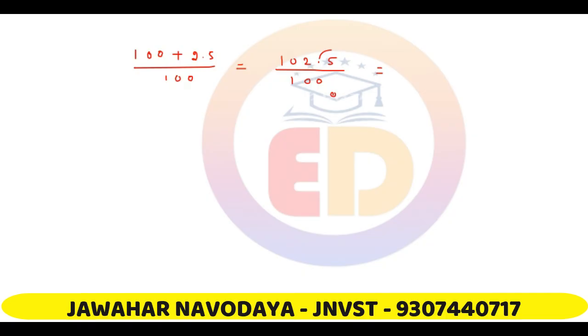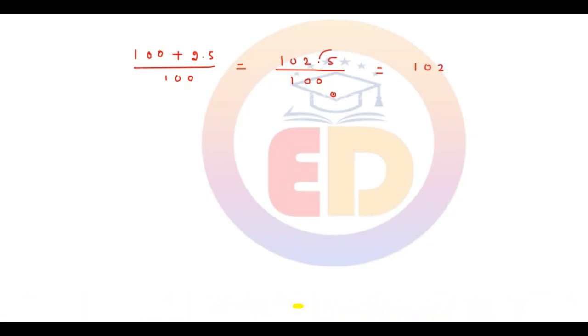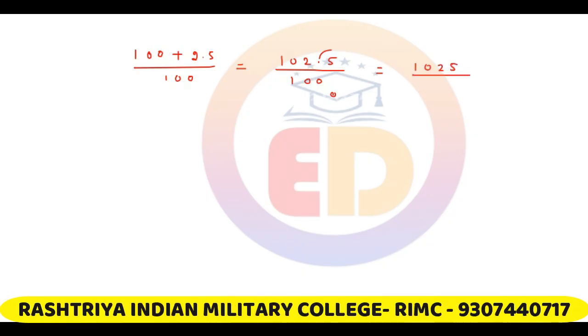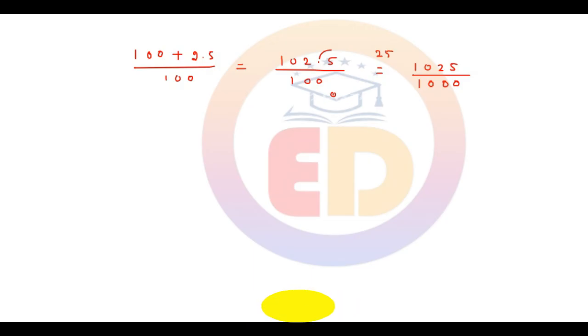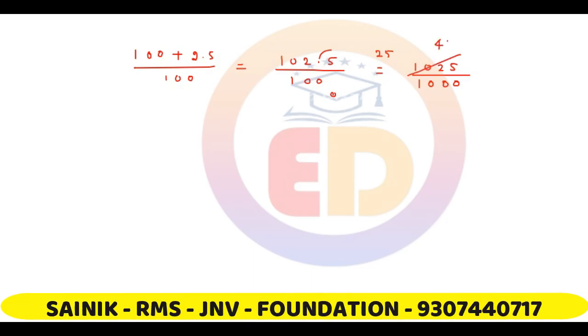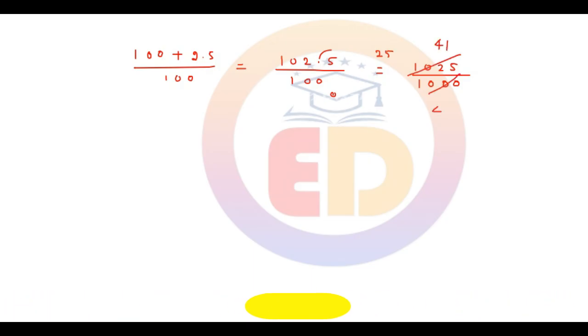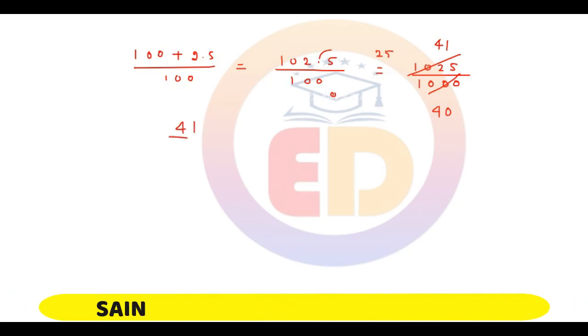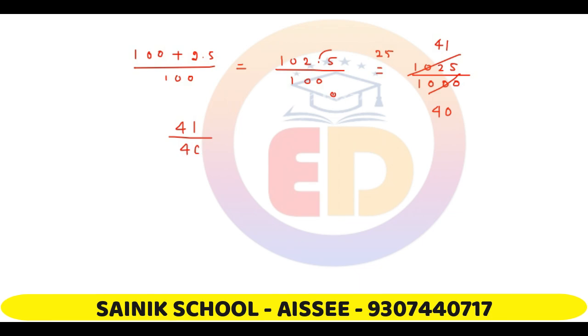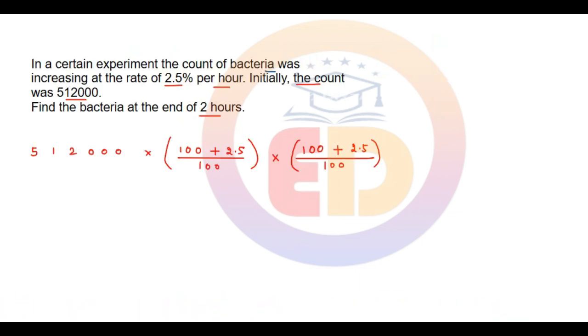It will become 1025 upon 1000. When you simplify 1025 upon 1000 by 25, this will become 41 upon 40. So the final value of 100 plus 2.5 upon 100 gives us 41 upon 40. Let's go back to the question.